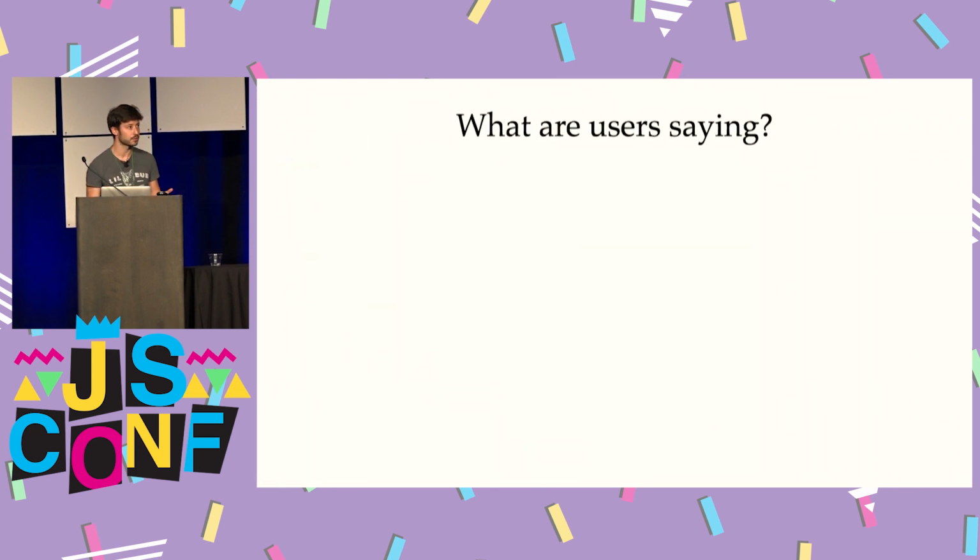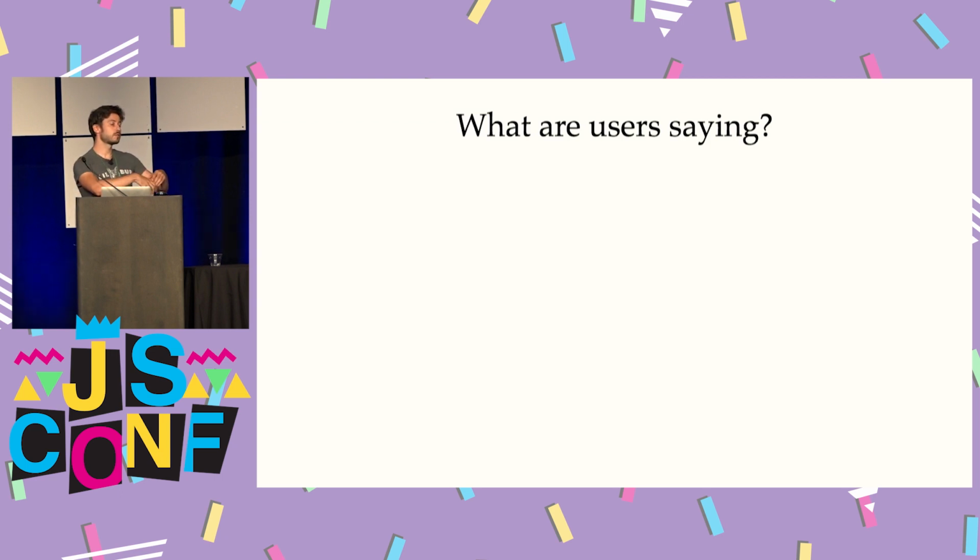But what are users saying? I will be honest, the first feedbacks were really bad, but not because it was an Electron application or built using React or because it was web technologies. It was just because the new version was lacking a lot of features from the previous one.